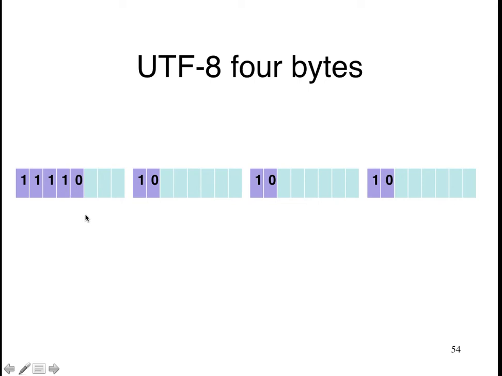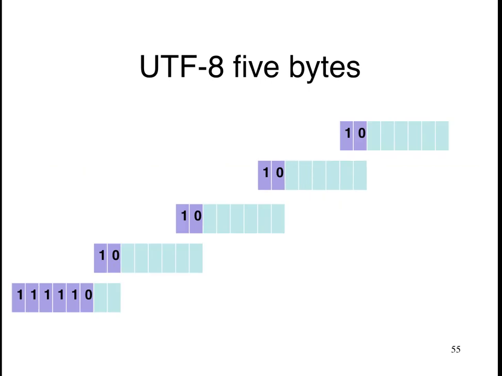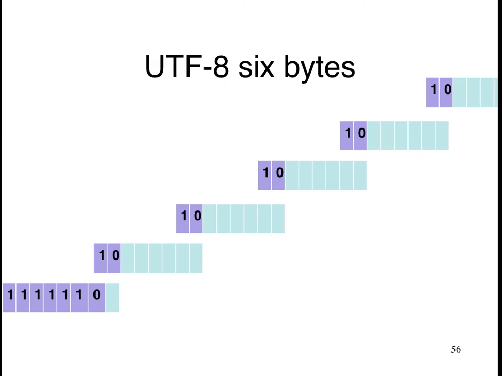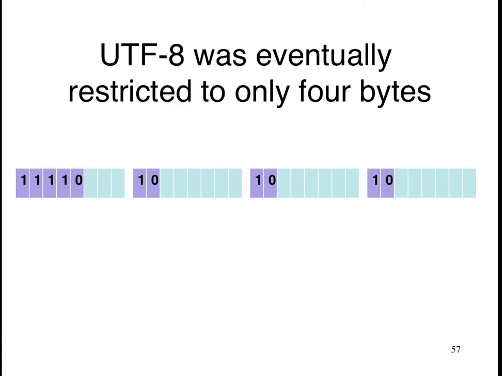And then we have a 1, 0, 1, 0, and 1, 0 to mark the beginnings of the continuation bytes. Now this could be extended to 5 bytes and even to 6 bytes. And you could keep going. But it was eventually decided that UTF would only go as far as 4 bytes. So you can have 1, 2, 3, 4 ones there, followed by a 0, telling you this is the beginning of a 4 byte sequence.